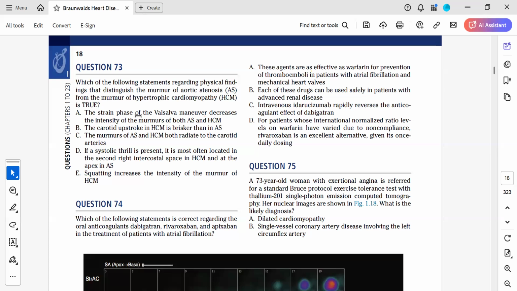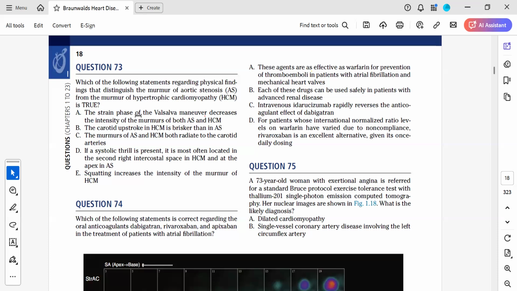It's only mitral stenosis that is singled out as part of the valvular heart disease that these drugs should not be used with. But it is clearly stated that for mechanical heart valves, warfarin is the only answer. So option A is false.